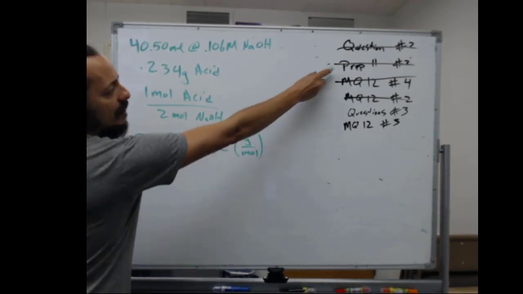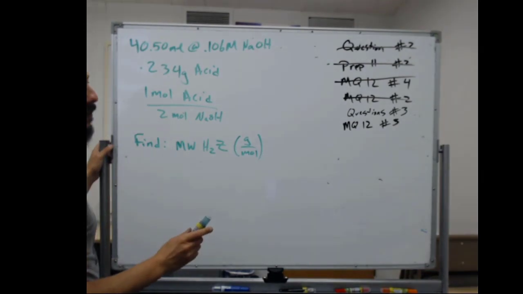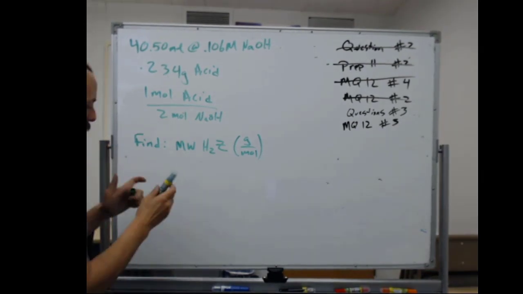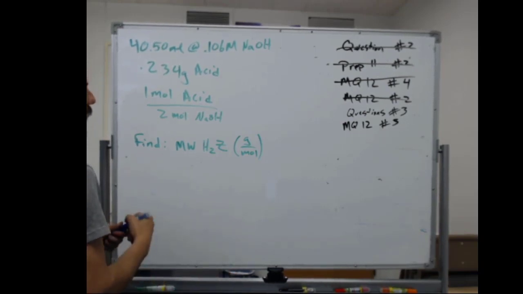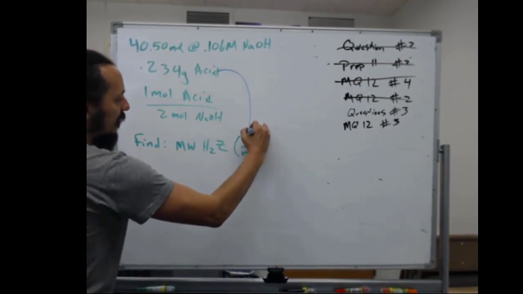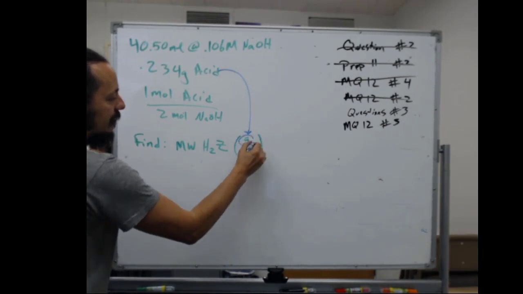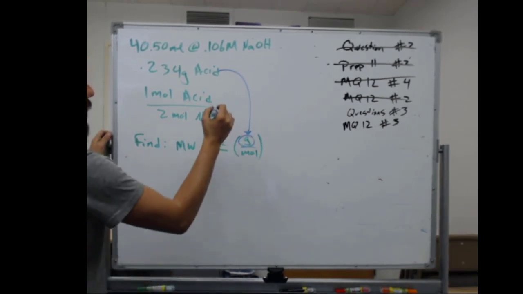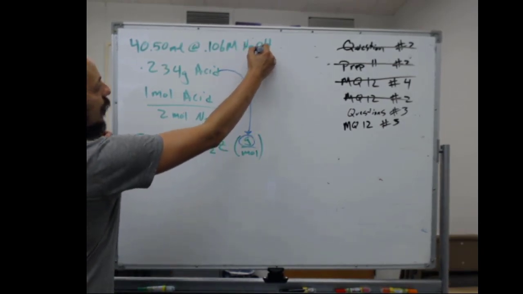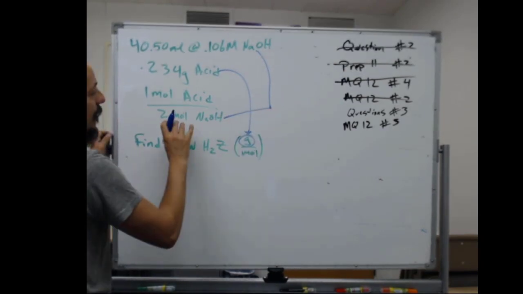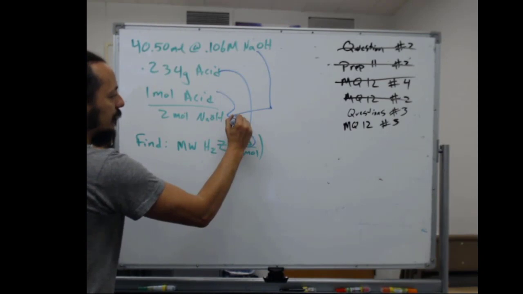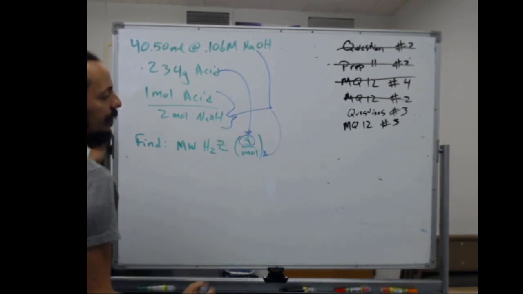I think this is really similar to prep problem 2. So we've got the grams of acid already, great. We have to use the moles of sodium hydroxide with the mole ratio to get our moles.